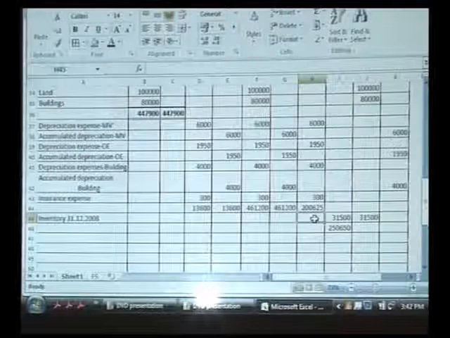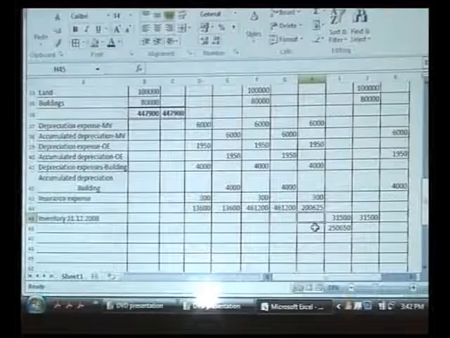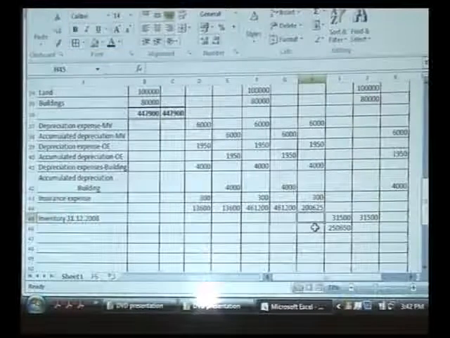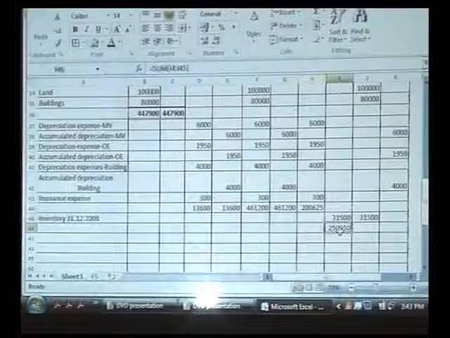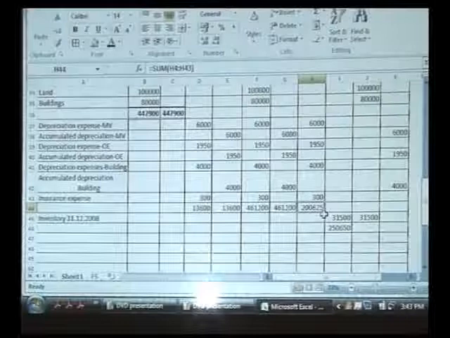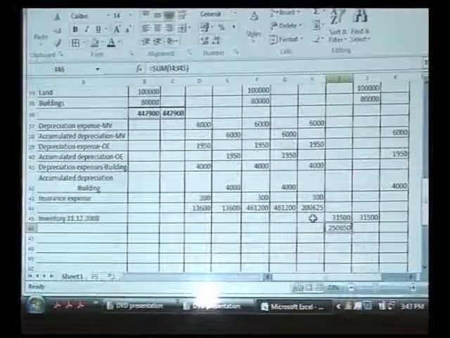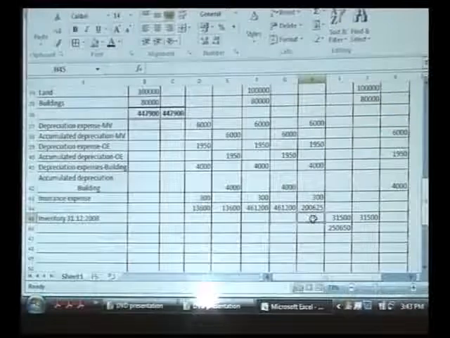It gives us this amount, and there must be a difference. This is the total expenses, 200,625, and this is the total revenue. Then the difference between these two is the profit, net profit.